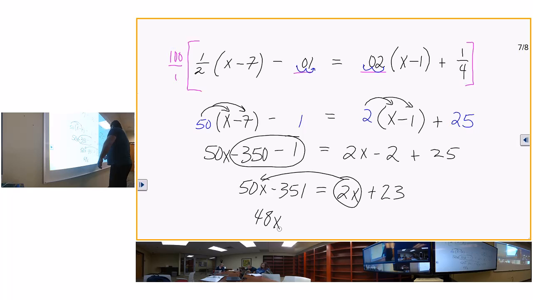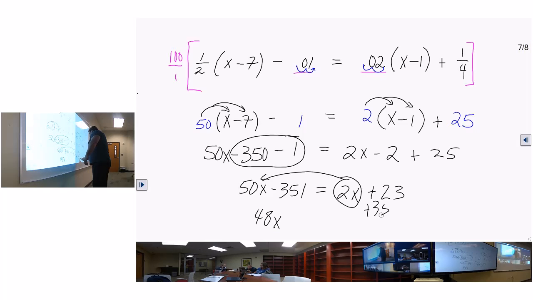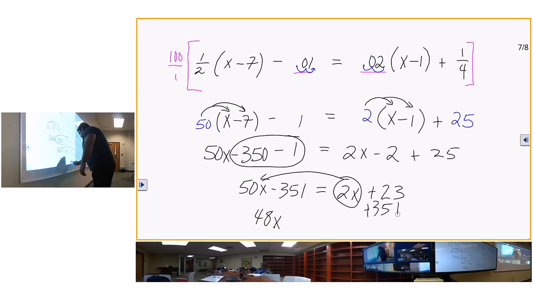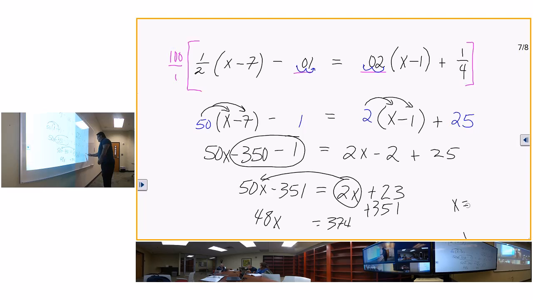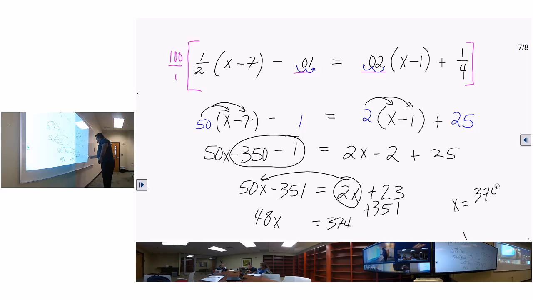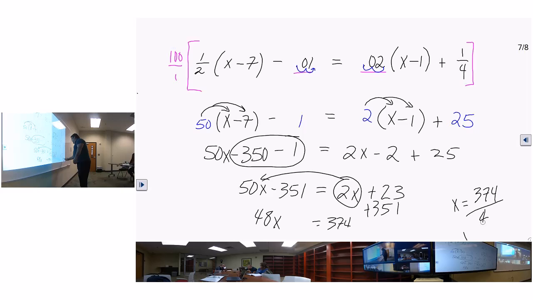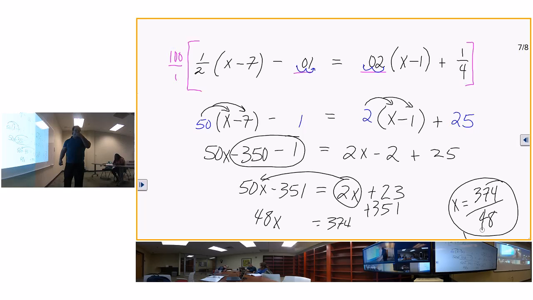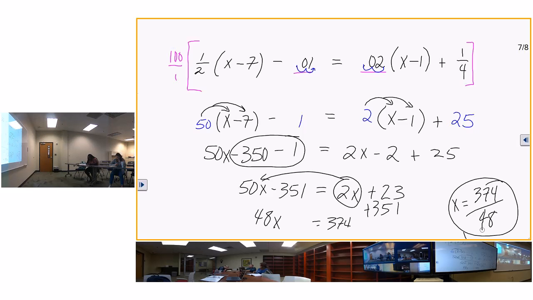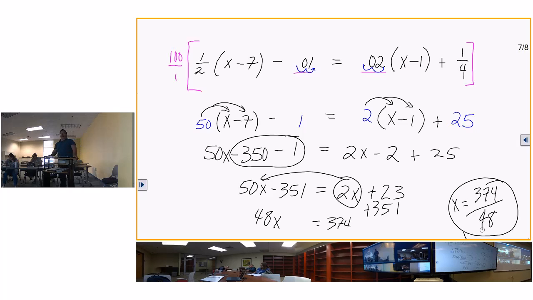Take the 351 over, 374. So x is equal to 374 divided by 48, and you simplify the fraction or make it a decimal, depending on whatever the directions tell you to do. And that's how you do several multi-step equations.